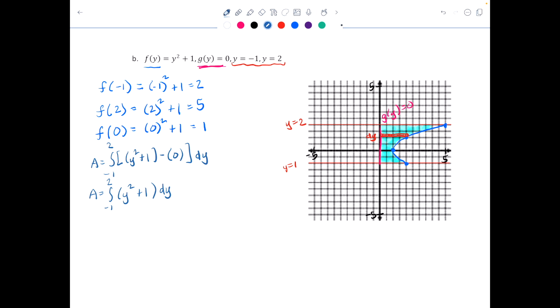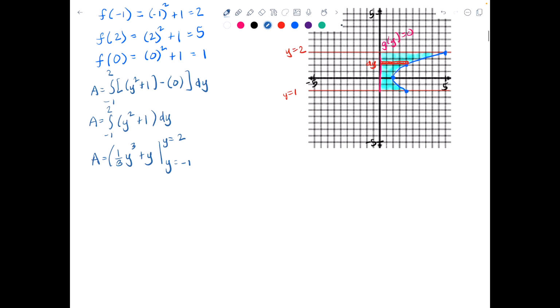And then integrating, we will have 1/3 y cubed plus y. And now our limits of integration are about y. y is -1 to y is 2.